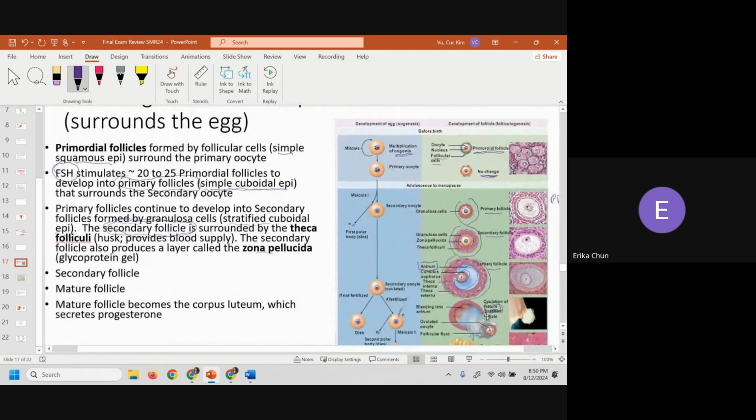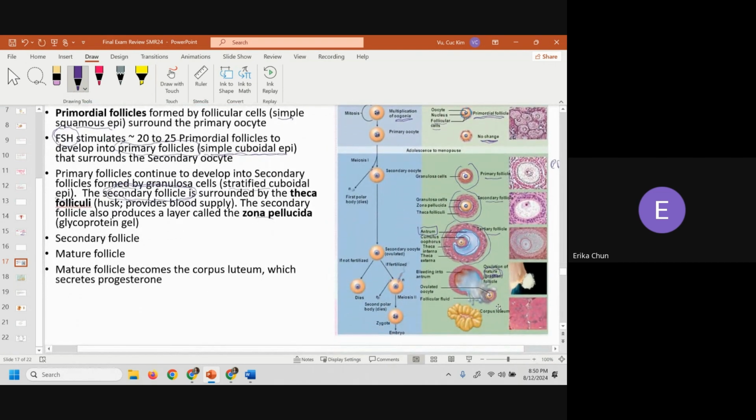Would you be able to go over the zona pellucida? I guess when it appears and what it does. Yeah, absolutely. So the zona pellucida is that gel-like substance that fills the antrum.